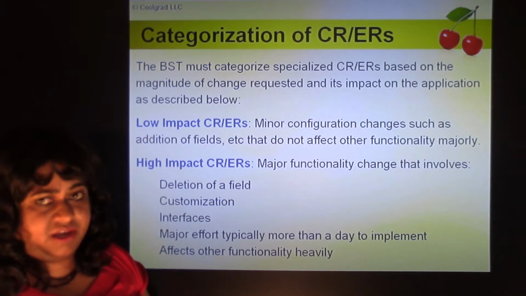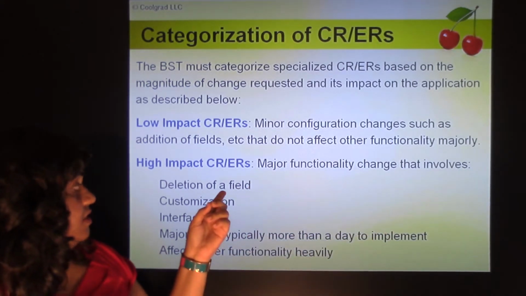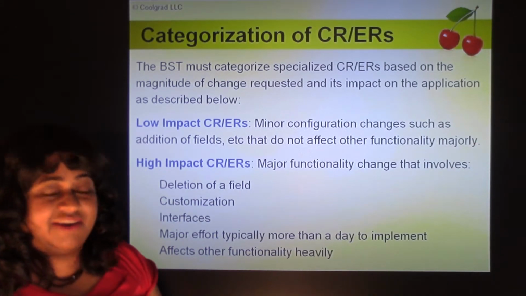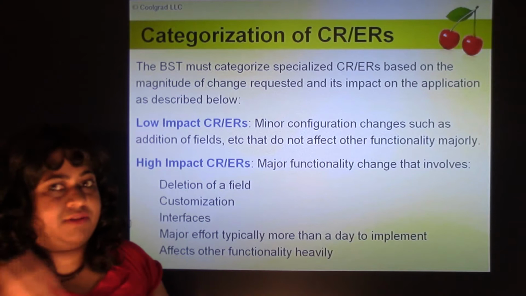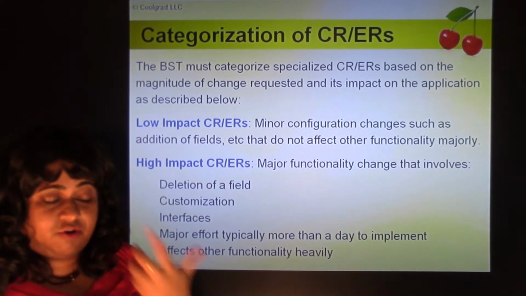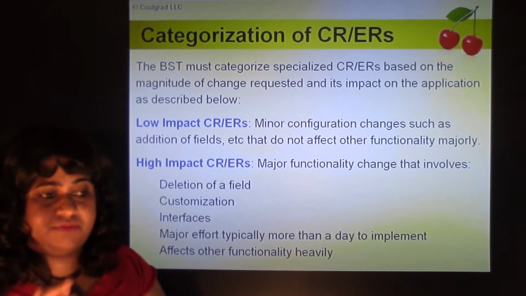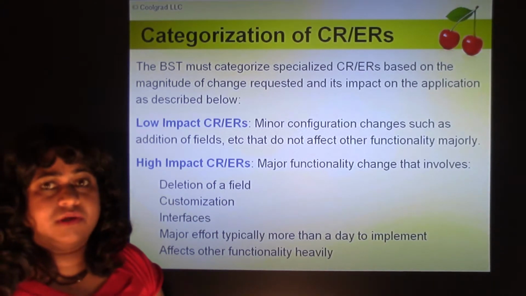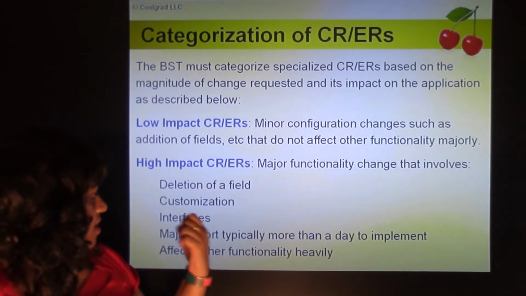But if it's a high impact CR or ER, then major functionality change that involves deletion of a field. Remember, addition of a field is probably easy, but when you delete a field, you don't know how it's going to impact all the other fields. So yeah, a lot of thought has to go into it. Customization. So we're customizing something at the code level. So, you want to think about how it's going to impact other modules. Interfaces.